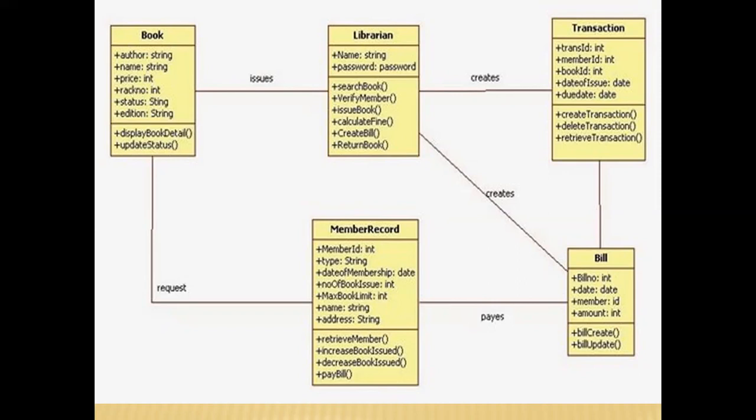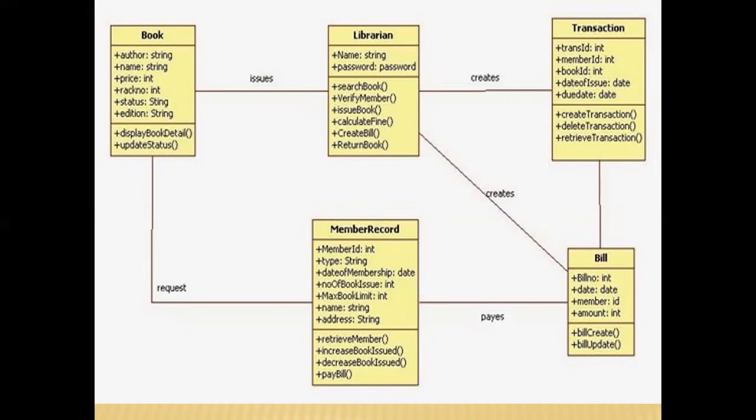The member record is another object. It has some properties, and it also performs some actions: retrieve the member, increase the book issues, decrease the book issues, and pay the bill.